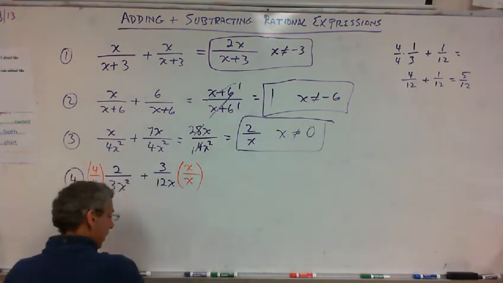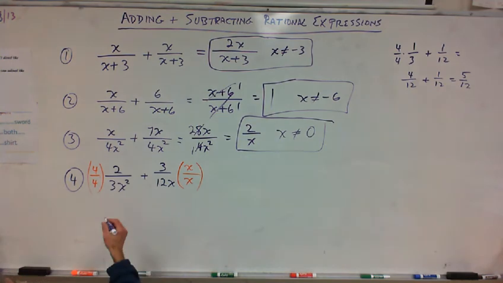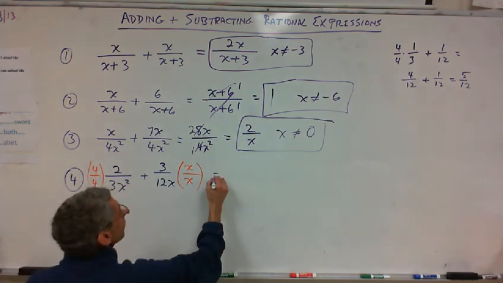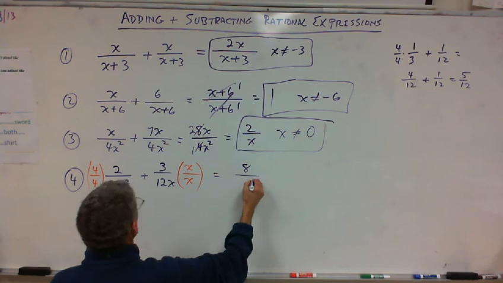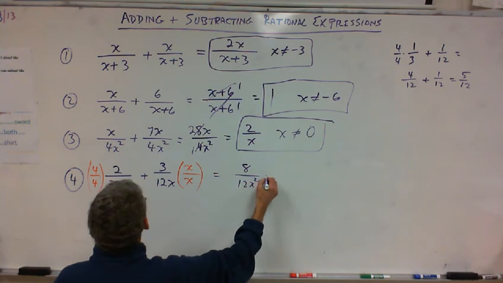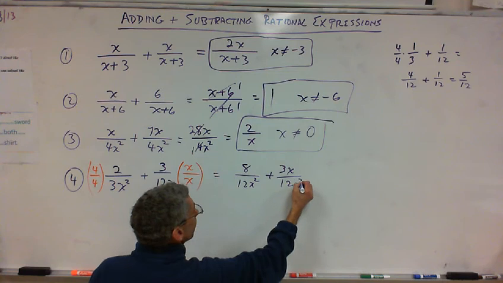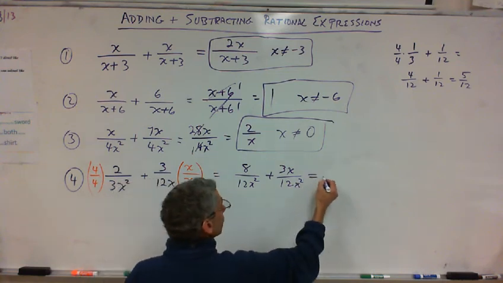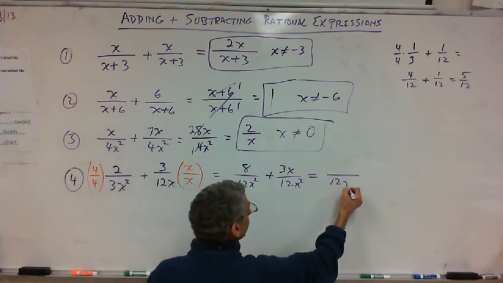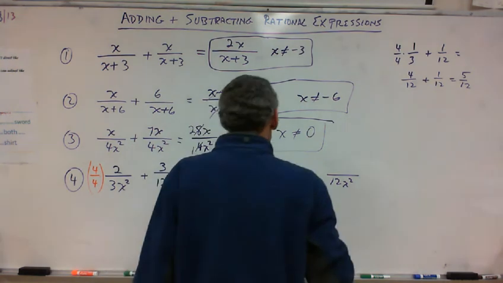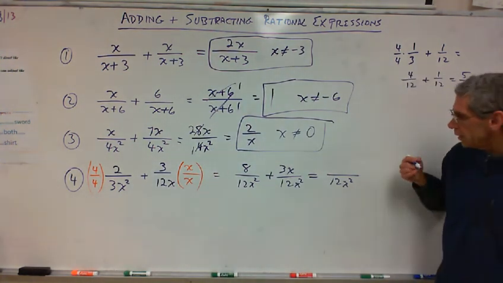So once I do that, I have 8 over 12x squared plus 3x over 12x squared. Now I have common denominators. So I can put 12x squared in the denominator. And then I have 3x plus 8.